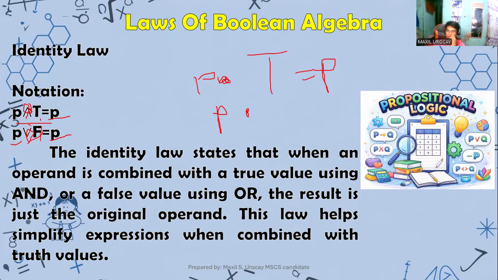This is or, V, or plus. If plus false, it will become P.